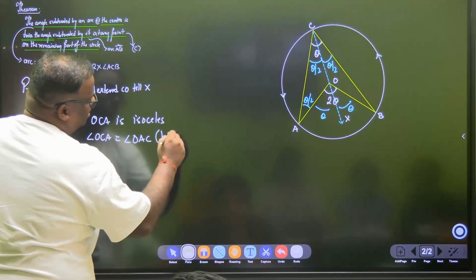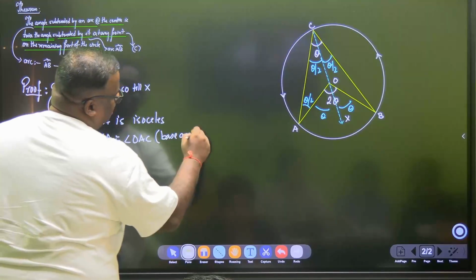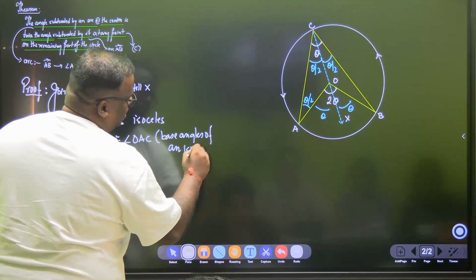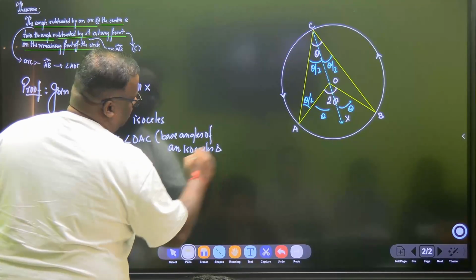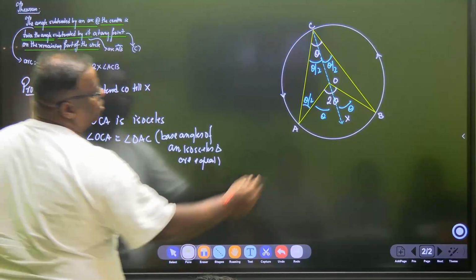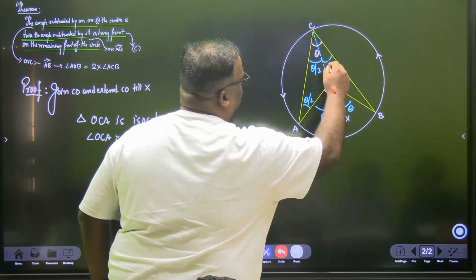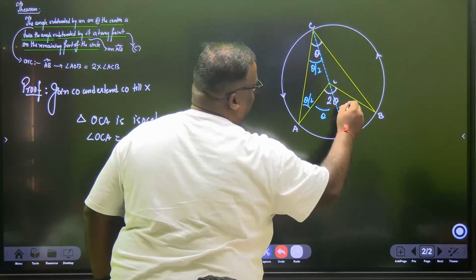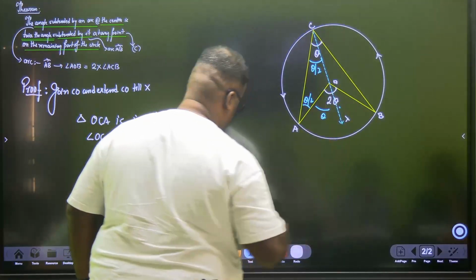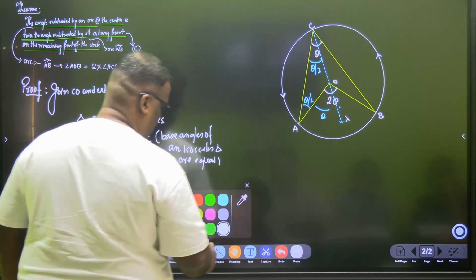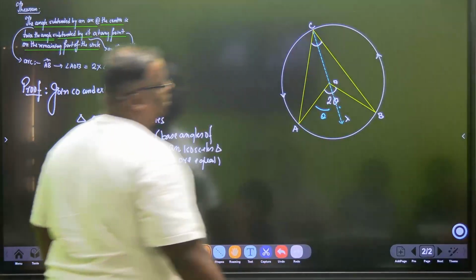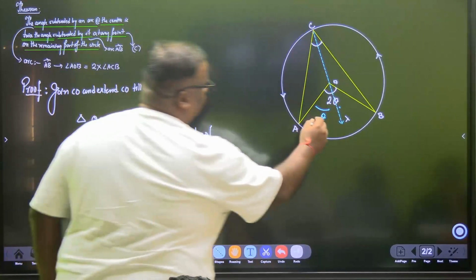Base angles of an isosceles triangle are equal. See whether you could absorb this or not. Don't break your head on this part of the triangle. Just concentrate on this part. Right.